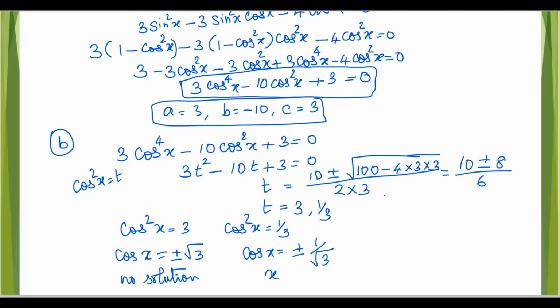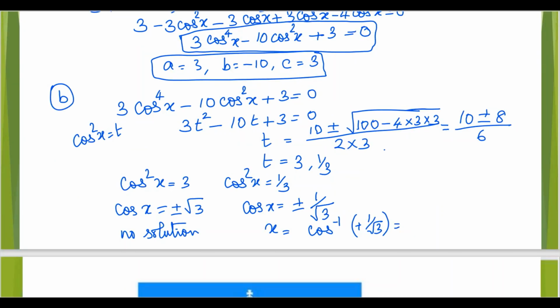So x equal to cos inverse of plus 1 over square root of 3, and x equal to cos inverse of minus 1 over square root of 3.